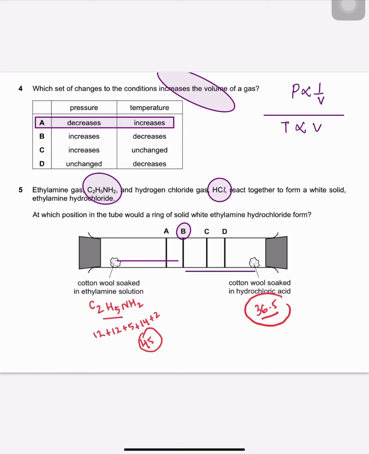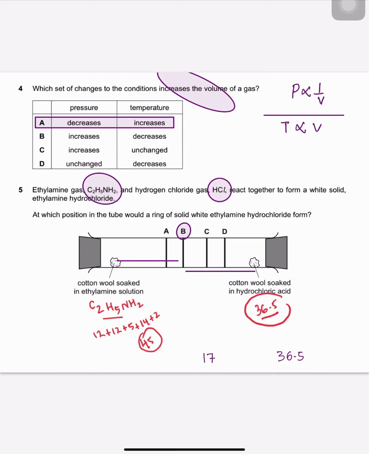Guys, I have solved one more question with you in which one side was containing 36.5, that was HCl, and the other side was containing ammonia, that is 17. There, we said that the white cloud of ammonium chloride was forming at point C, which was more towards HCl, because you should know that a heavier gas will travel the smaller distance, whereas the lighter gas will travel a larger distance.